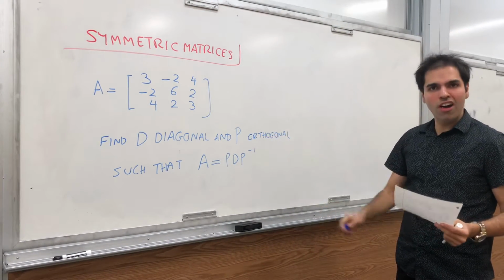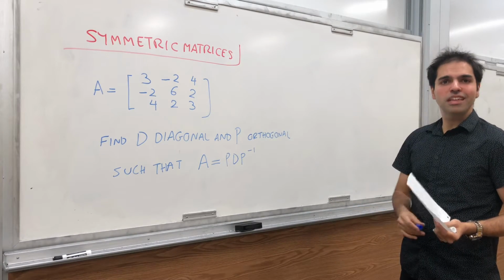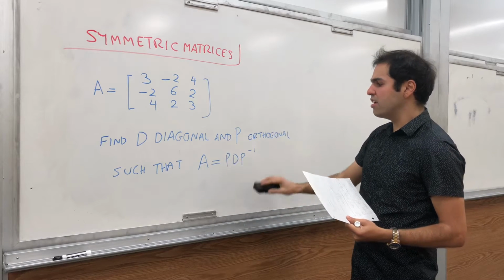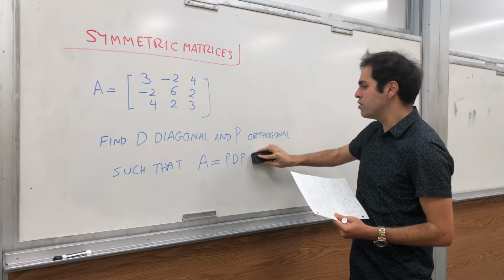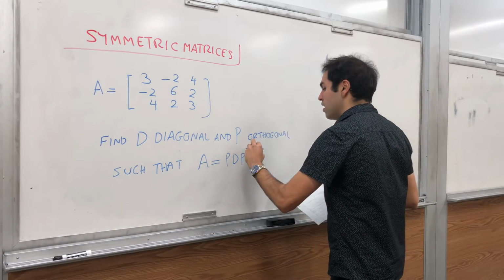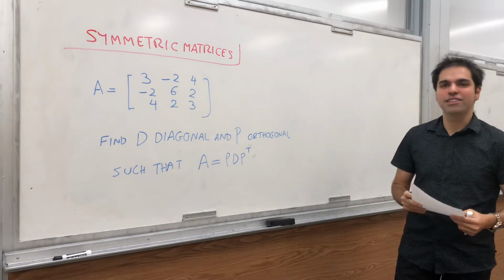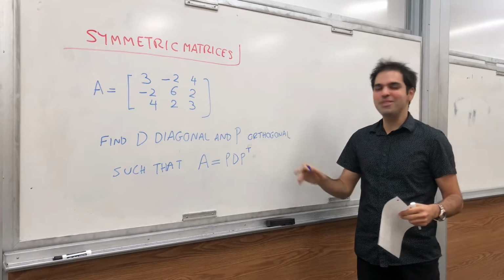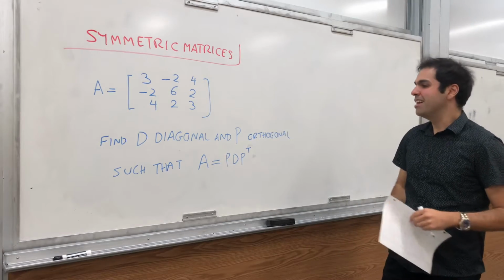If P is orthogonal, it actually means that P inverse is P transpose. So instead of having A be PDP inverse, we can do something even easier or more powerful. A is PDP transpose. And no, not like Peyam Tabrizian, P transpose, just that.